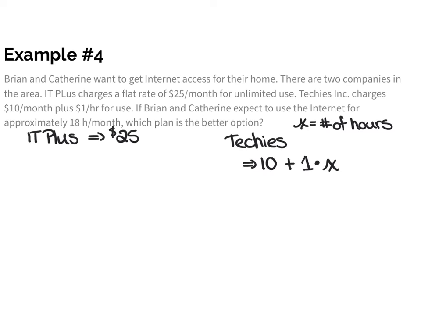If we are to graph these, we can graph it or kind of figure out which is the better option because they're only going to use 18 hours per month. IT is always going to be 25. It doesn't matter.